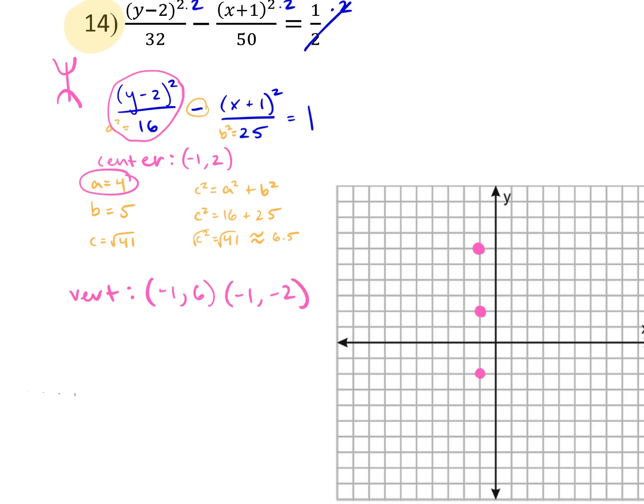Our co-vertices are going to go to the left and to the right. So we're going to go to the right 5 and to the left 5. So my co-vertices would be at 4, 2, and -6, 2.